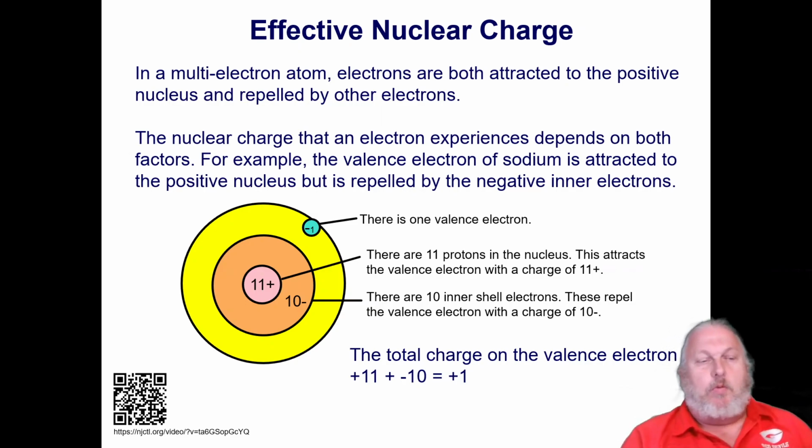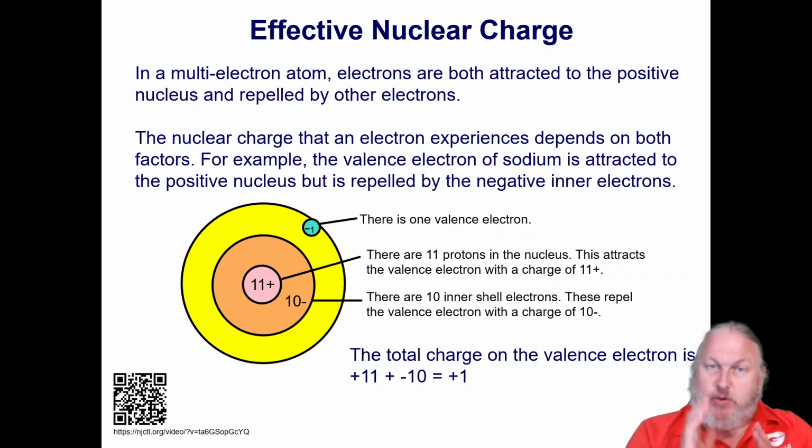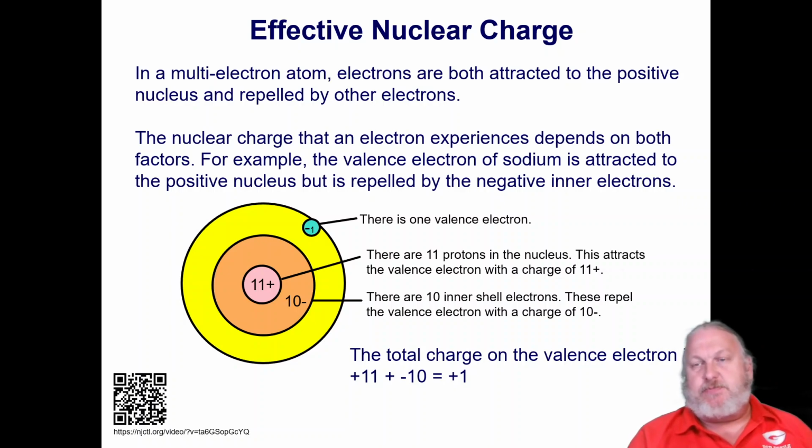So, when you're talking about these multiple electron atoms, the electrons are attracted to the positive nucleus and repelled by other electrons. So the nuclear charge that an electron experiences depends on both factors. Okay, so the valence electron of sodium, element number 11, is attracted to the positive nucleus, but it's repelled by the negative inner electrons.